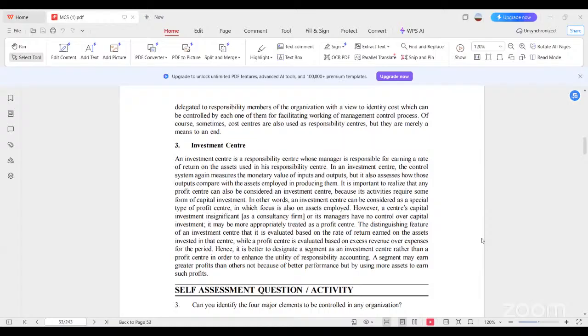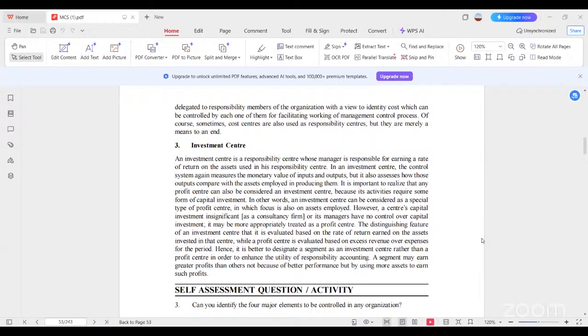The manager is basically responsible for controlling the expenses against some kind of predetermined standards. And there are certain departments that may be discretionary. Okay, that means expenses are decided based on what the management has judged. Expense center basically focuses on cost efficiency but not on profit.